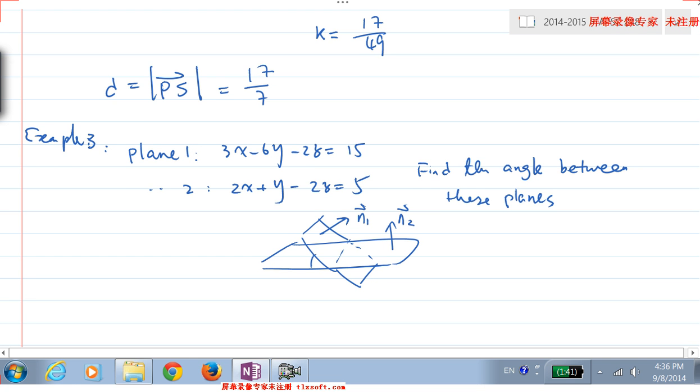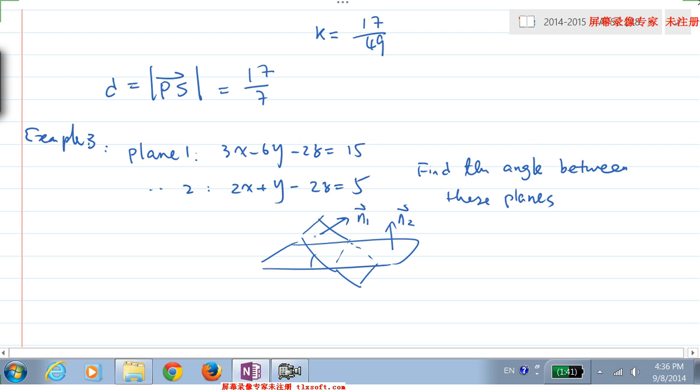As a matter of fact, the angle between the two planes can be depicted by what? The angle between the two vectors.